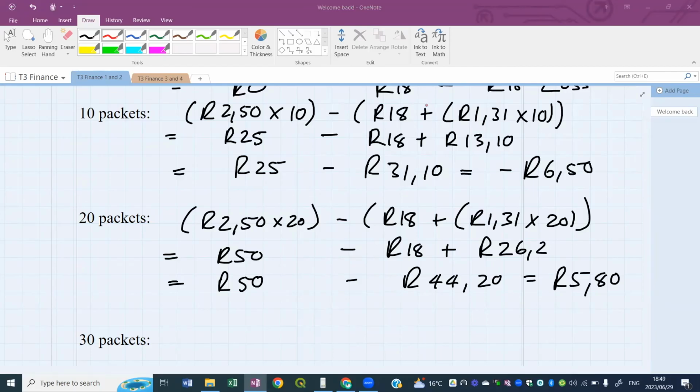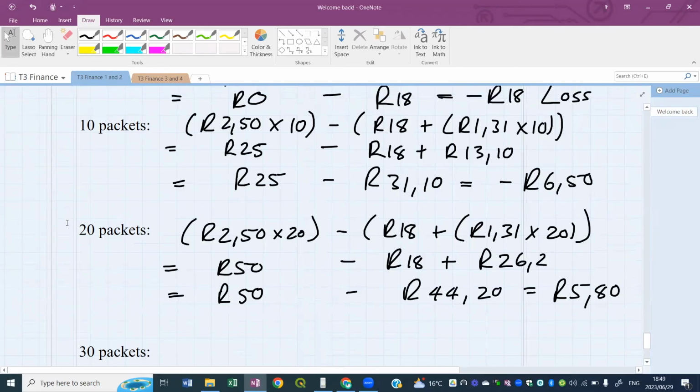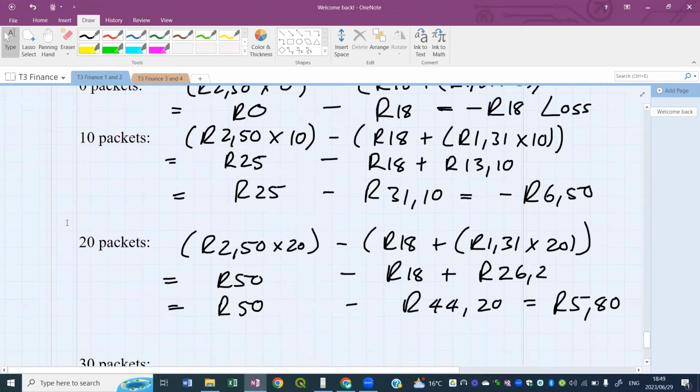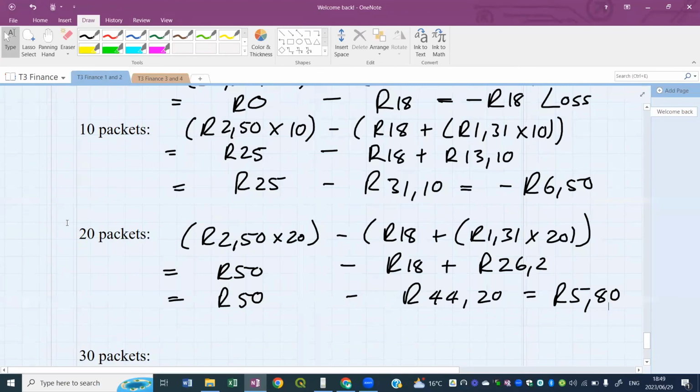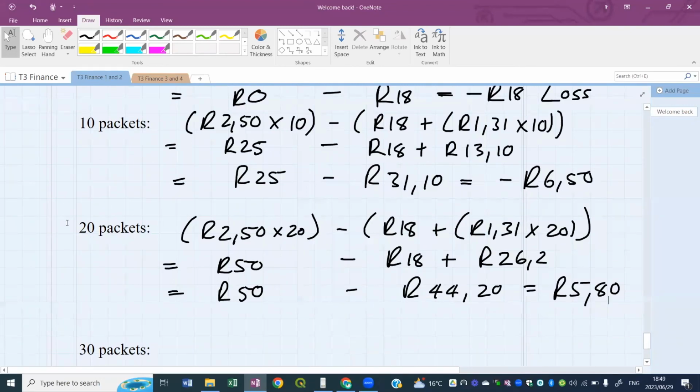So this is an exercise that she would have to do. She'd have to build these equations, do some examples, and get to a point where she knows whether she's going to make profit. Now, if we had to ask, ladies and gentlemen, how many exactly must she sell to make profit? Exactly, not roughly like 20 or 10. Exactly how many of these packets must she sell to make profit or loss?